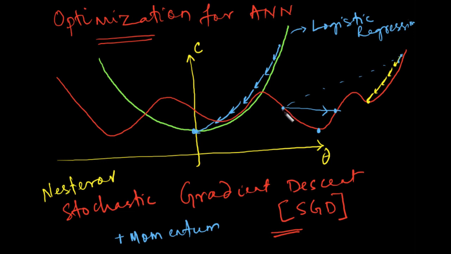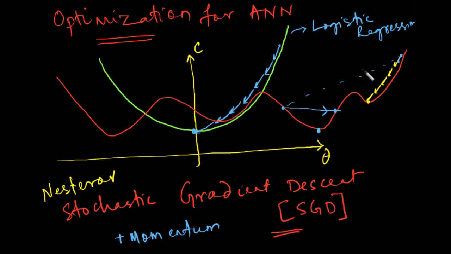Before taking the jump itself, you estimate the gradients at this point, and then you use that to decide how far you want to jump. So instead of just adding a momentum term to your stochastic gradient descent, you actually estimate the gradients at the future point where you're going to jump to, and use that to modify the extent of your jump. I'm not getting into the mathematical details because that requires a lot more analysis.